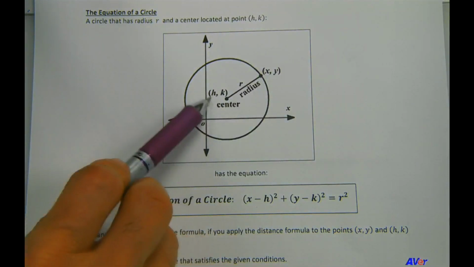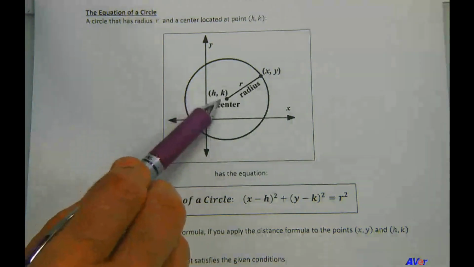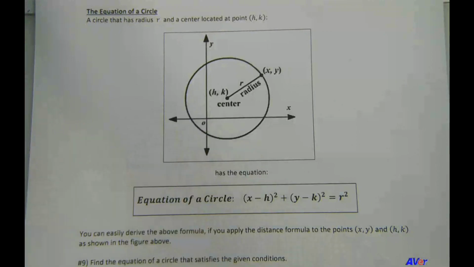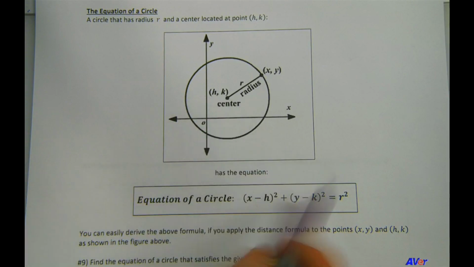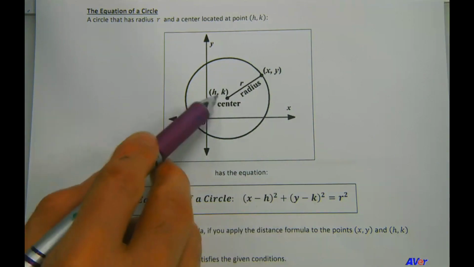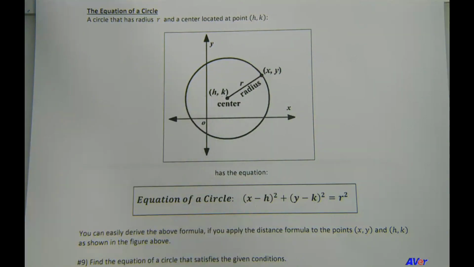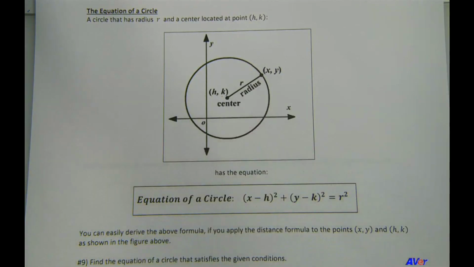And what I'm saying is that in most books that I've seen, they label the center of the circle coordinates as H comma K. Those are the letters for some reason they use. And then in the equation you have H and K, those coordinates of the center of the circle showing up in the formula as H and K. So in this formula, H and K are the coordinates of the center of the circle, and R is the radius, and R squared, of course, is just radius squared.